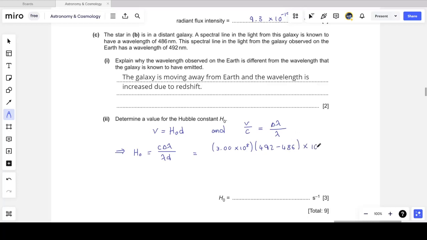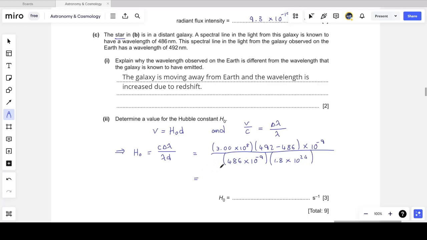That's in nanometers, so I multiply that by 10 to the minus 9 and divide this by the actual wavelength emitted by the galaxy, 486 times 10 to the minus 9, and then multiply by the separation between the Earth and this galaxy, 1.8 times 10 to the power 24 meters. They specifically said it's a specific star in the galaxy, which gives us information about the galaxy.